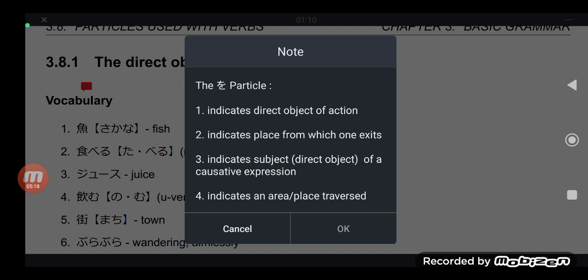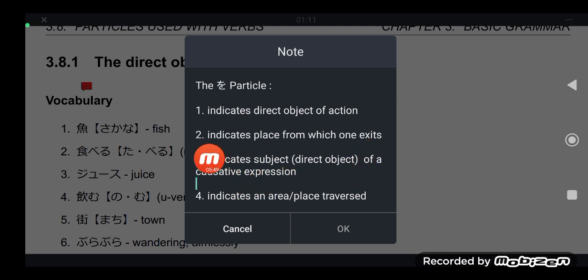Regarding the wo particle, it indicates the direct object of action. Remember in your English classes, the direct object is the object of the transitive verb. The wo particle also indicates the place from which one exits. Sometimes when you exit, you use a verb that is oftentimes an intransitive verb.